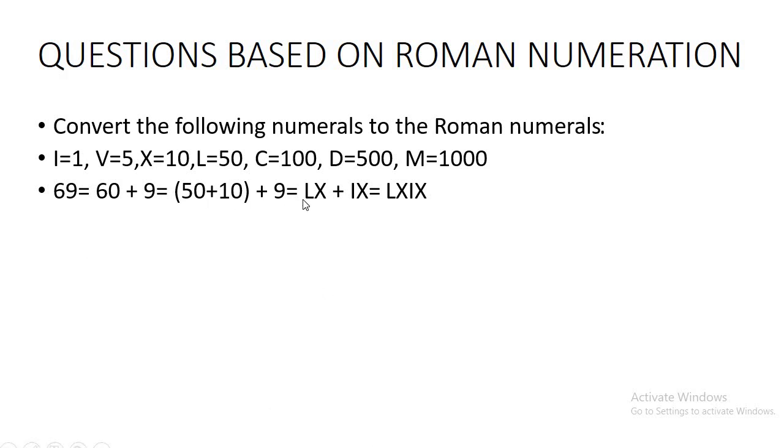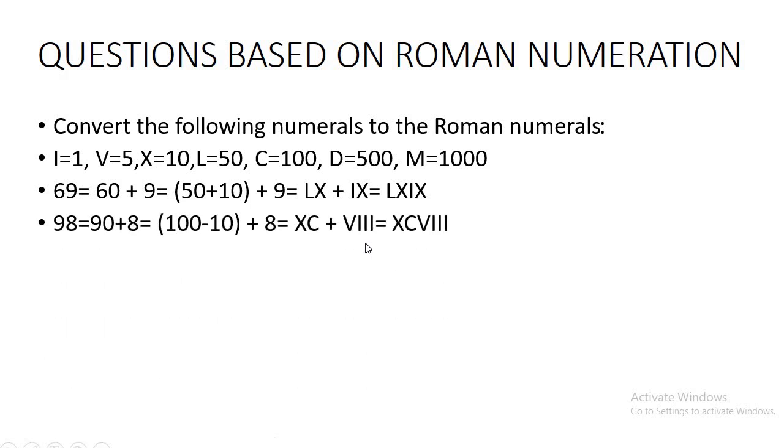So we have LXIX as 69. Similarly, we have 98. 98 can be broken as 90 plus 8, and 90 is represented by 100 minus 10, which is XC, and 8 is represented by VIII. So in all, it becomes XCVIII.